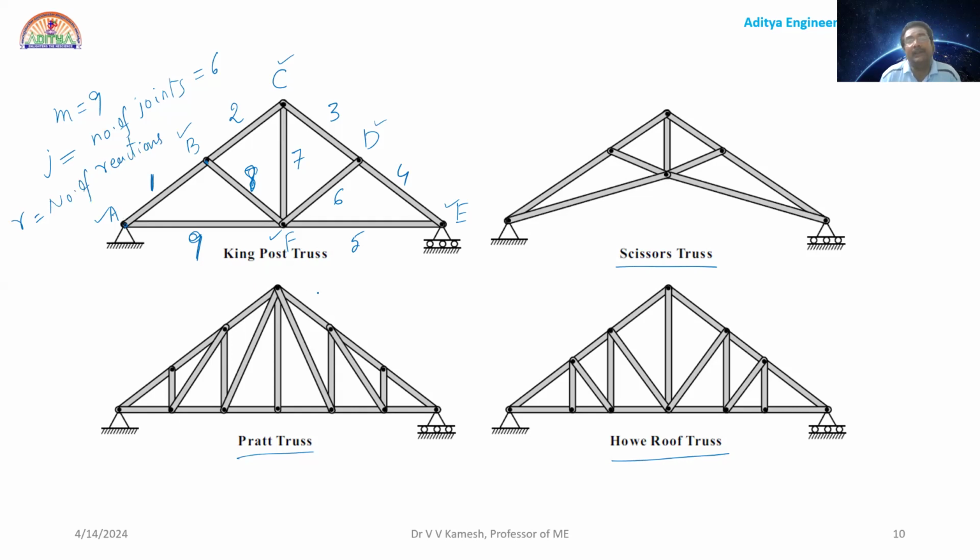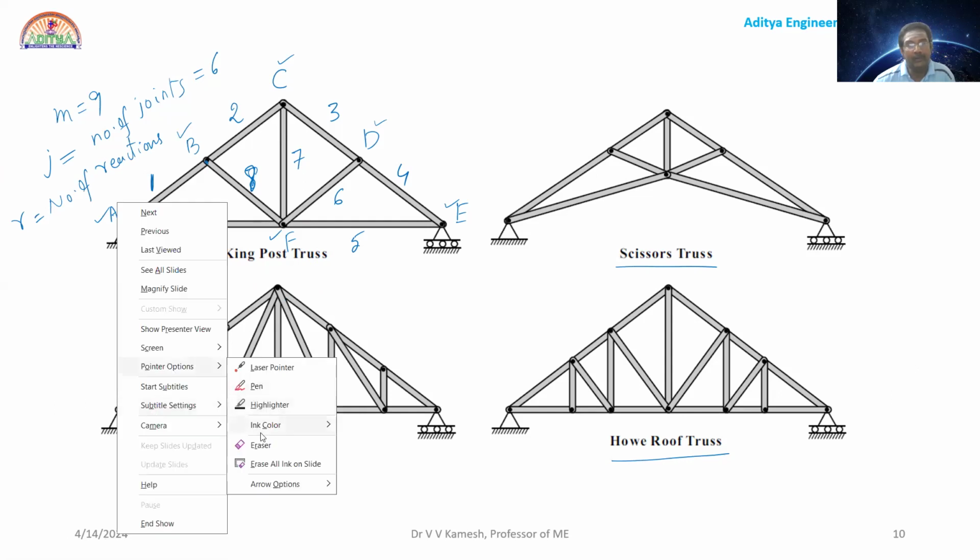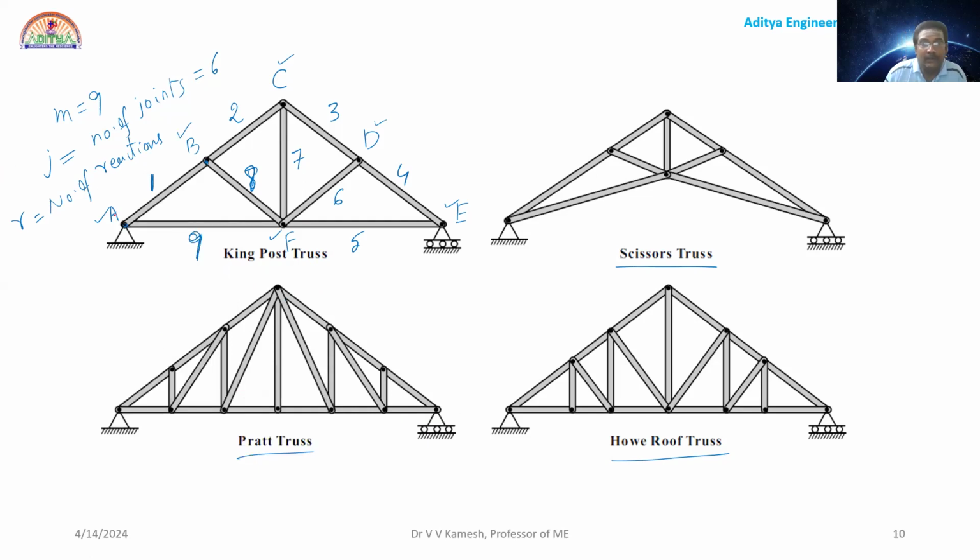How many reactions are there in your total system? Now you see here, what are the different supports? One is the hinged support at A. Are you looking? With clarity, you see? Here at A, I have a hinge support. Hinge or pin, you can call it. It is a roller at the other end. At the hinge, I have two reactions.